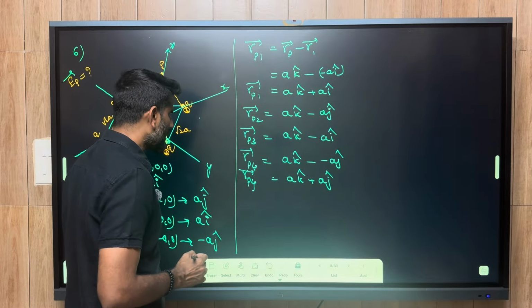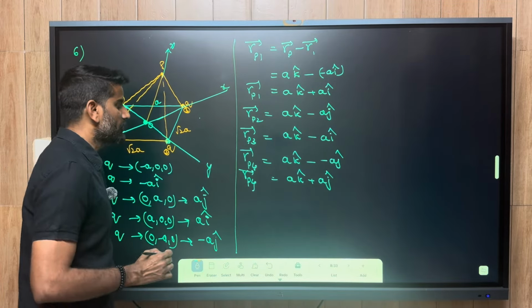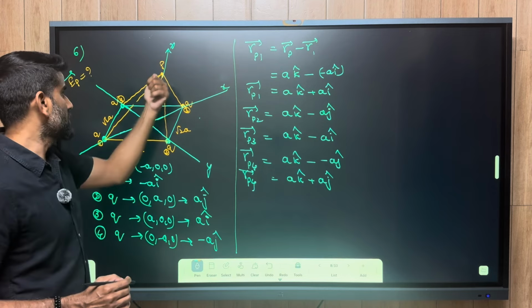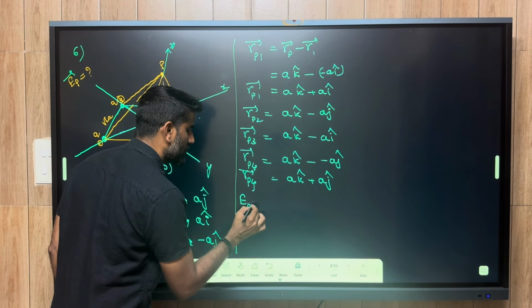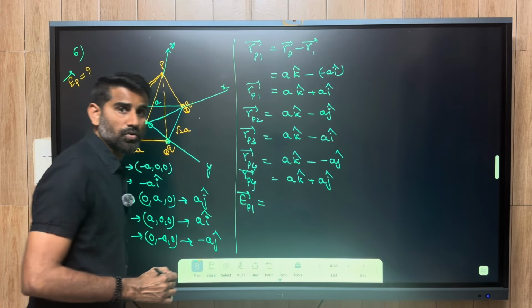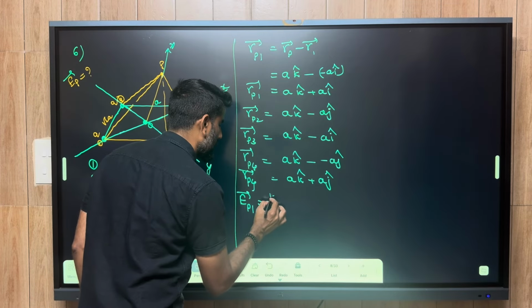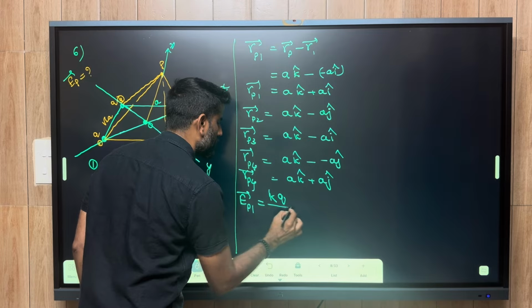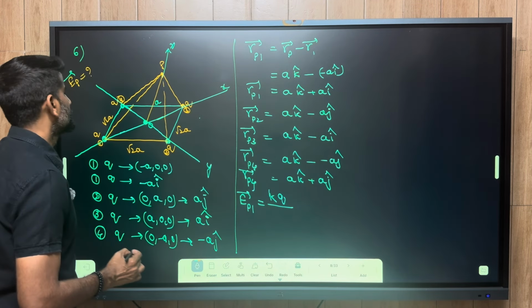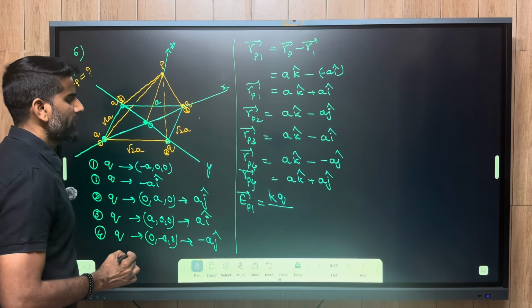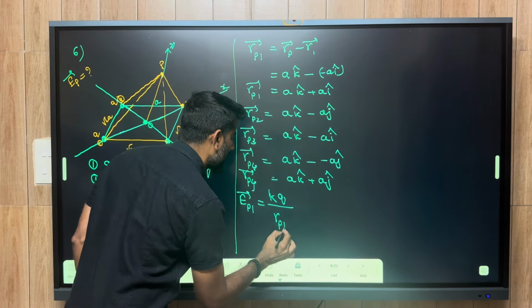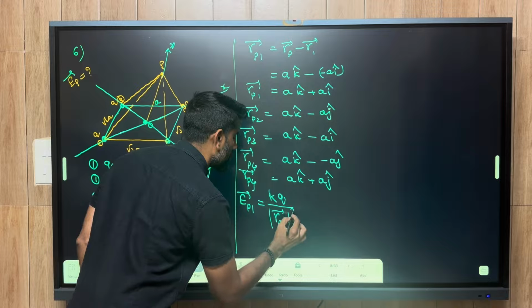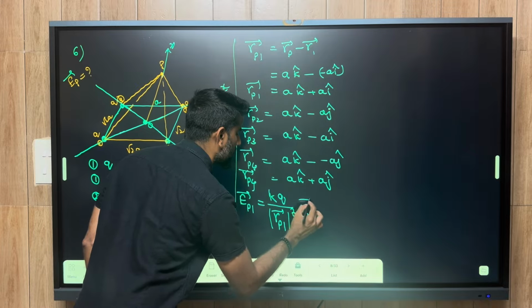Now let's write the electric field equations for each point charge at point P. The electric field at point P due to charge 1 is kq by the magnitude of r p1, times the vector r p1.